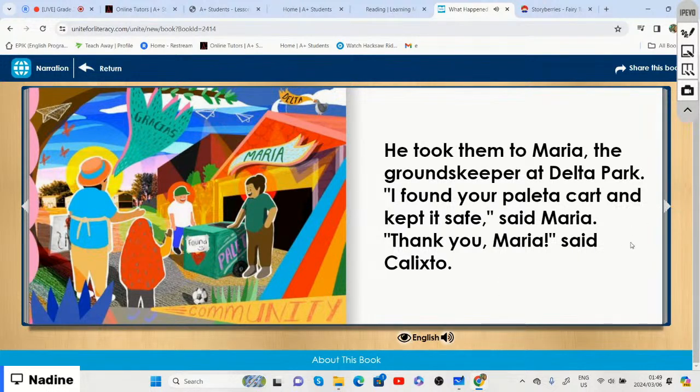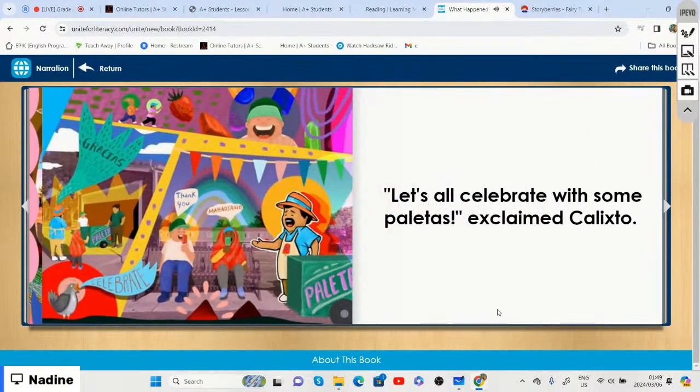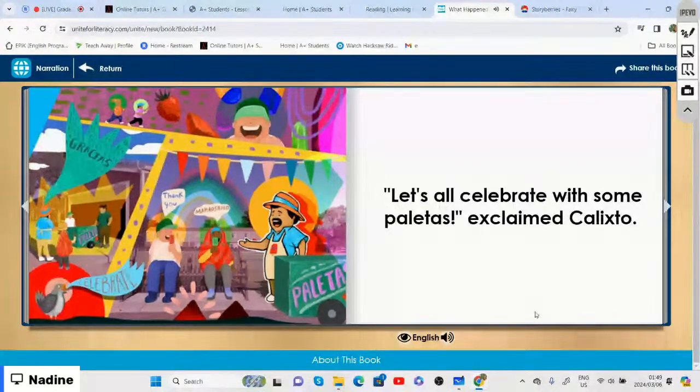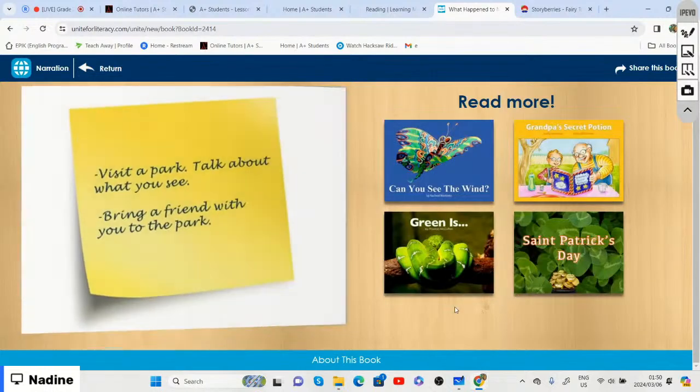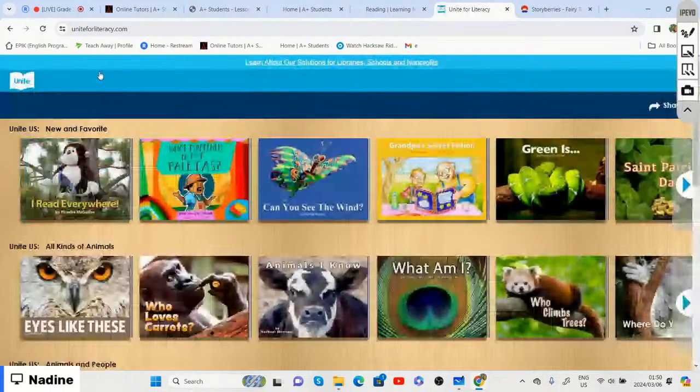Thank you, Maria, said Calixto. Let's all celebrate with some paletas, exclaimed Calixto.